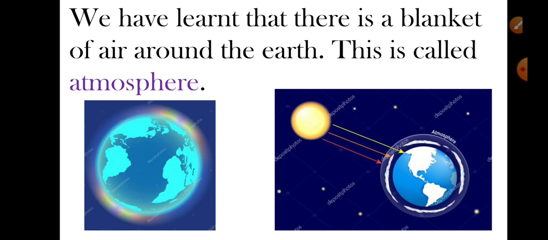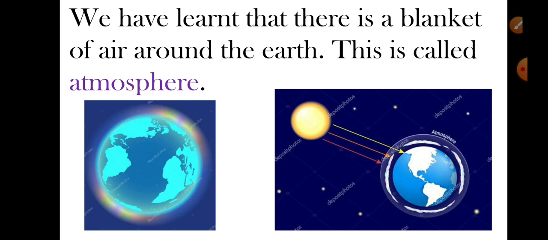These harmful gases are released from vehicles, from factories, and by the different activities that we do. Because of that, this layer is being destroyed or damaged day by day. And it is said by scientists that very soon this layer will vanish, and the harmful rays of the sun will reach the earth and burn the earth like anything.